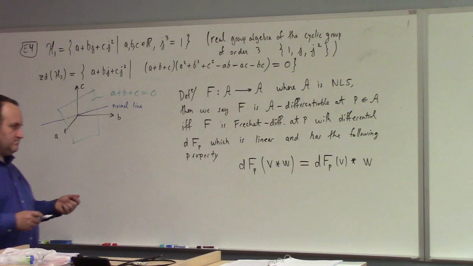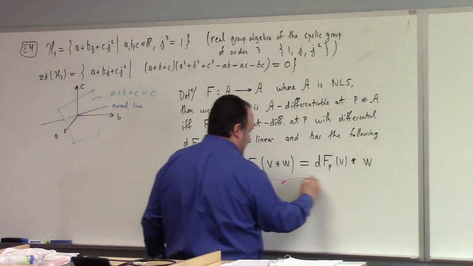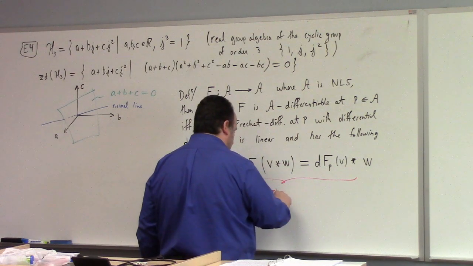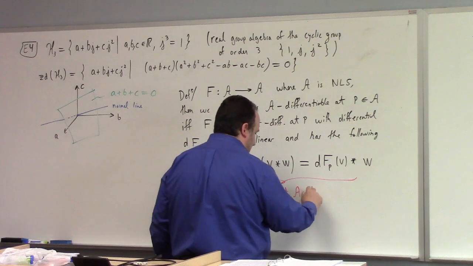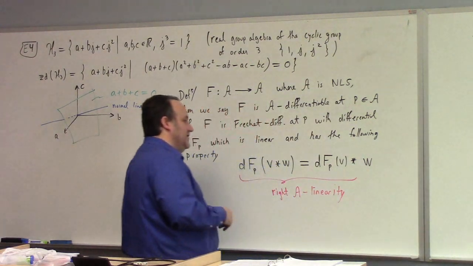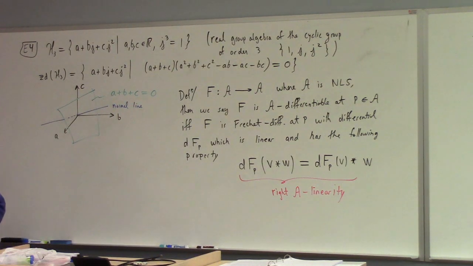So this property that I just wrote down, you can also call this A-linearity. In words, we can pull out a multiplication in the algebra through the differential.